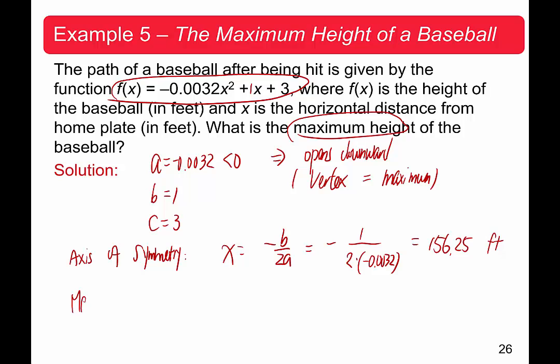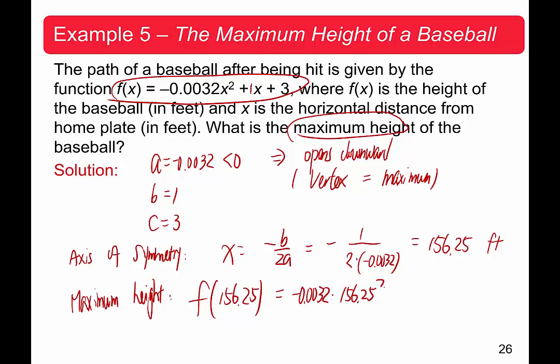If you want to get the maximum height, the maximum value, it's equal to f of 156.25. So now we go back to the function and replace x with 156.25 and put it into the calculator: negative 0.0032 times 156.25 squared, plus 156.25, plus 3.